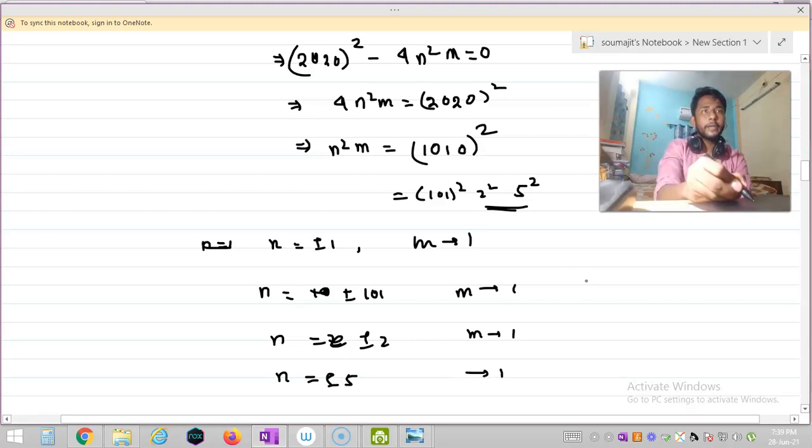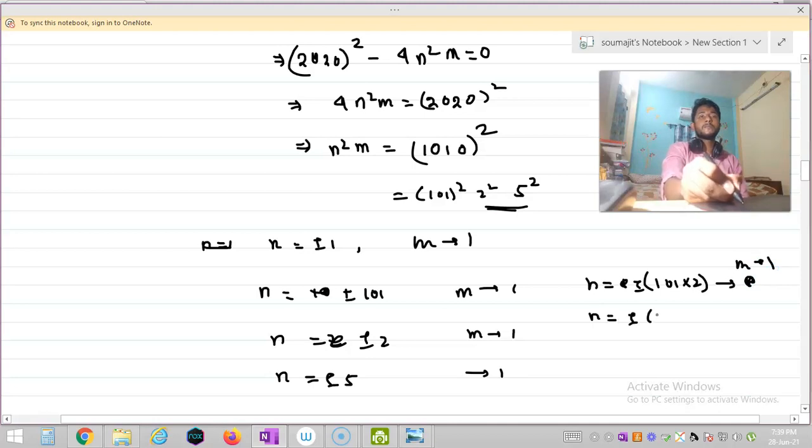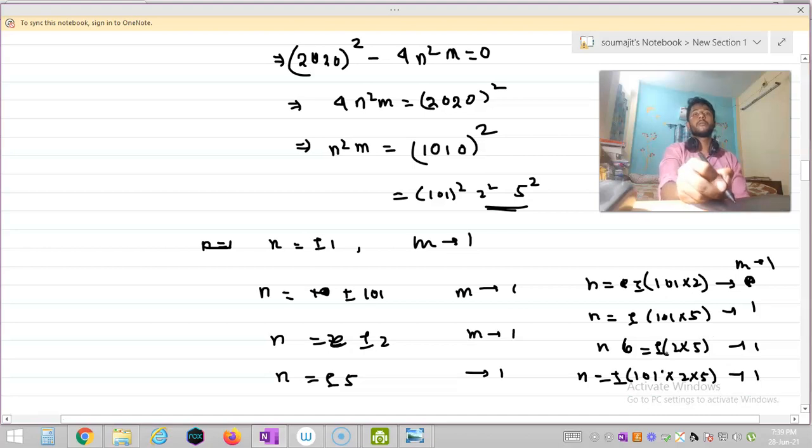If n equal to plus minus 101 into 2, then again only one possibility of m. If n equal to plus minus 101 multiplied by 5, only one possibility of m. n equal to plus minus 2 into 5, again only one possibility of m. If n equal to plus minus 101 into 2 into 5, again only one possibility of m. So 1 2 3 4 5 6 7 8, so 8 cases, so there are 16 possibilities.